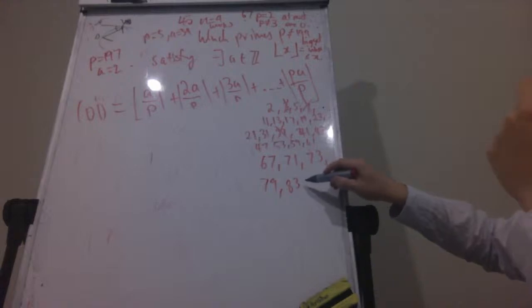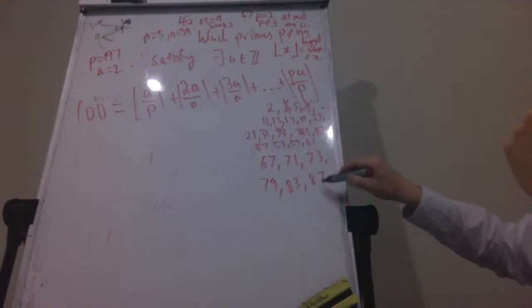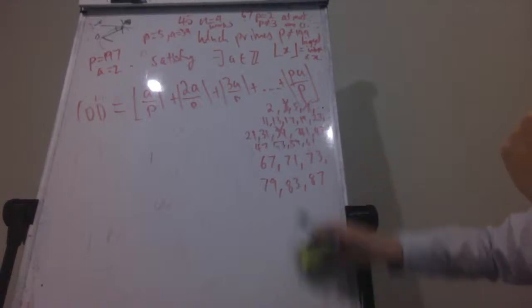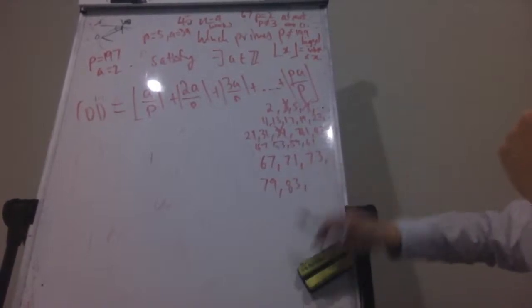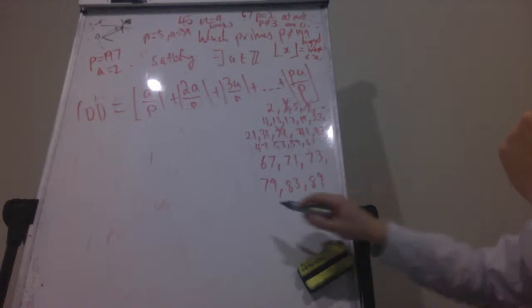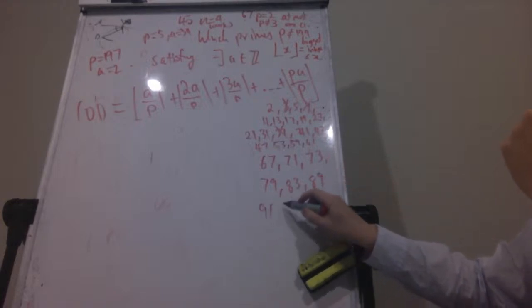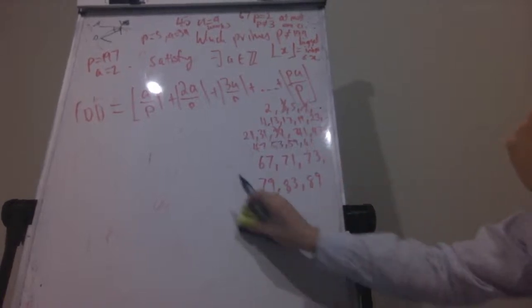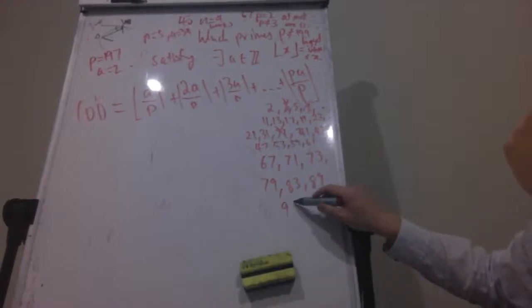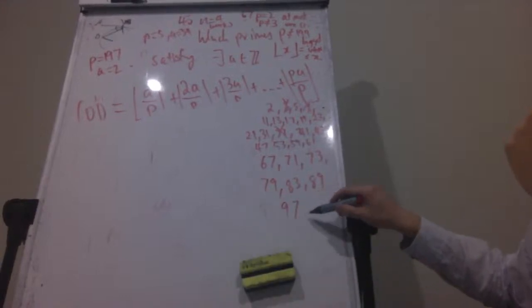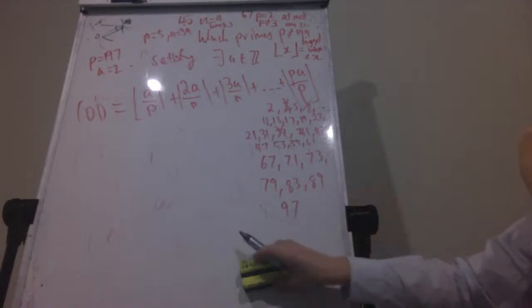Maybe 3. 87. No. It's 3. 89. 91. 97. And that's it. Yeah, that's it, right?